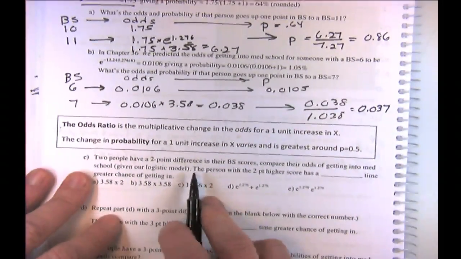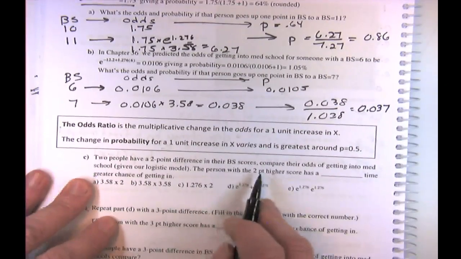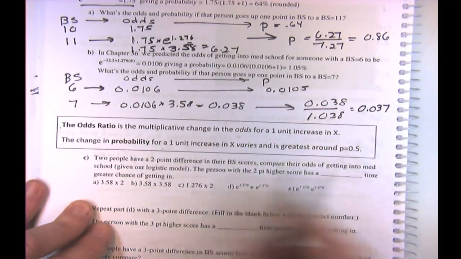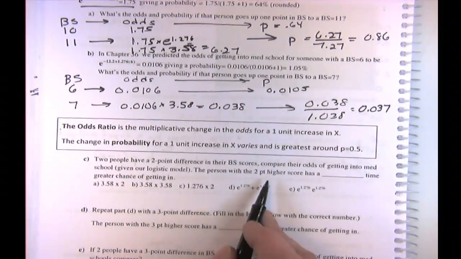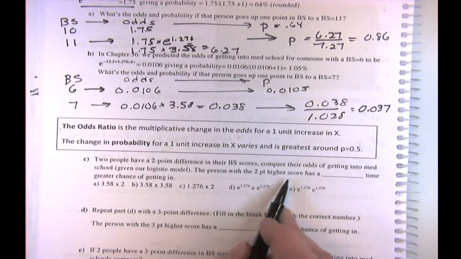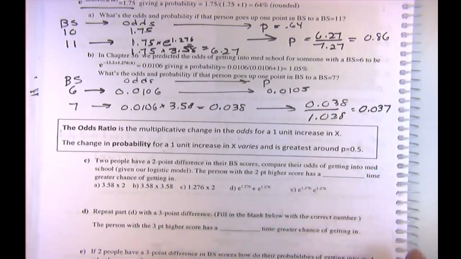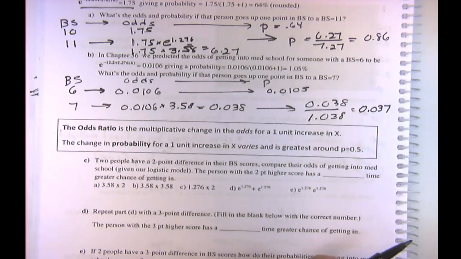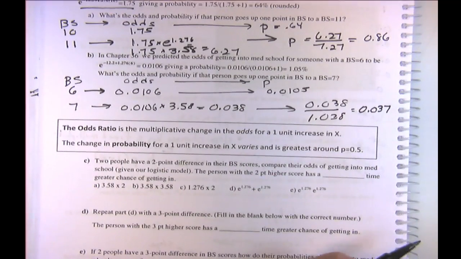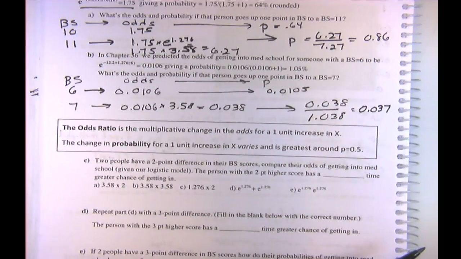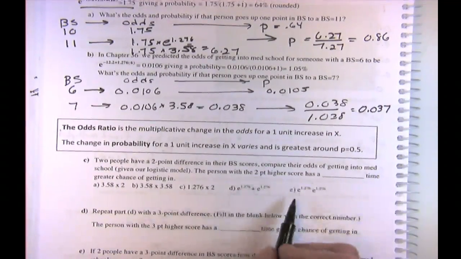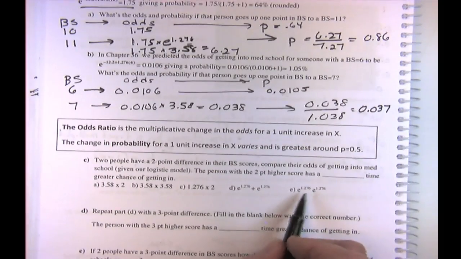So two people have a 2-point difference in their biological scores. So the odds of getting into medical school for the person with a 2-point higher score are what? Circle one of those. There's actually 2 of them. For each point increase, it's going to multiply by e to the 1.276. So you're going to multiply it and then multiply it again, right?